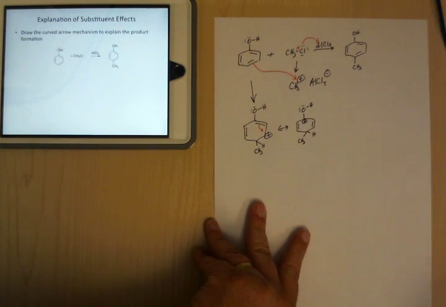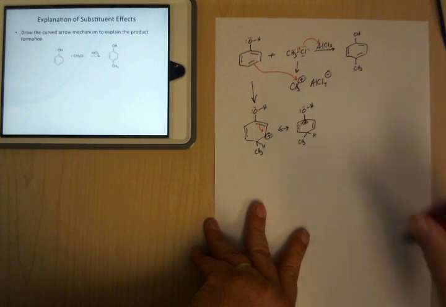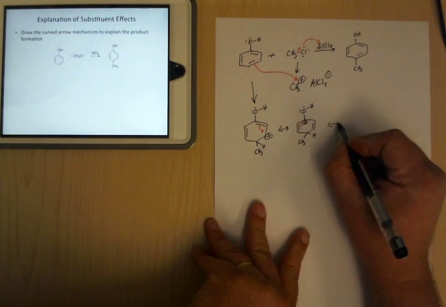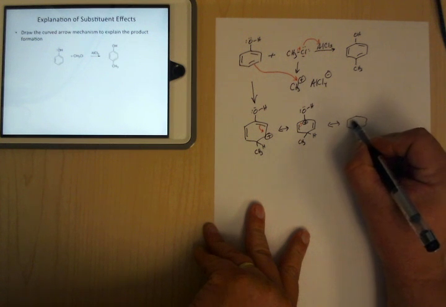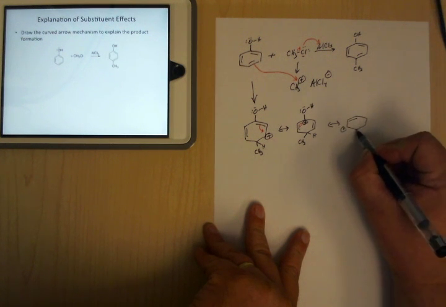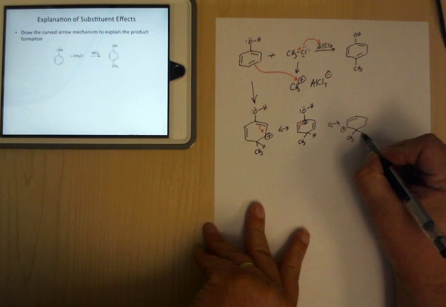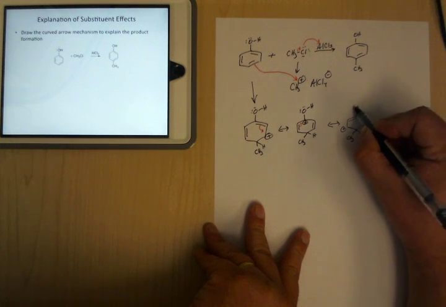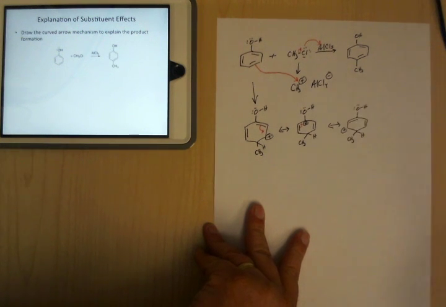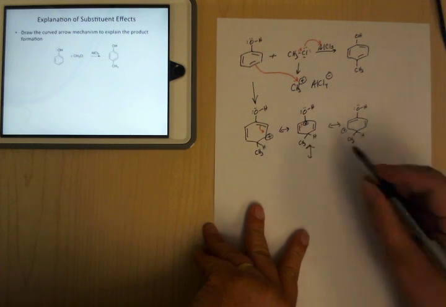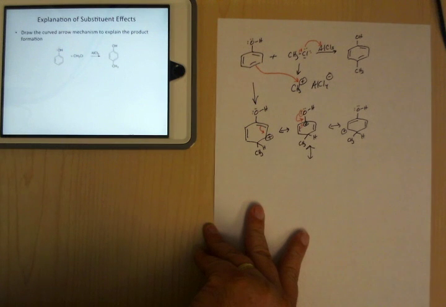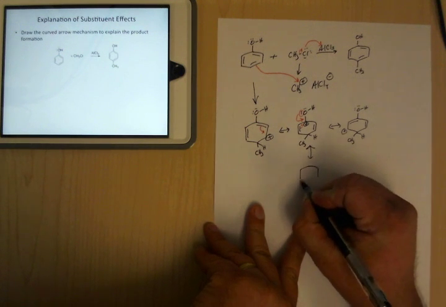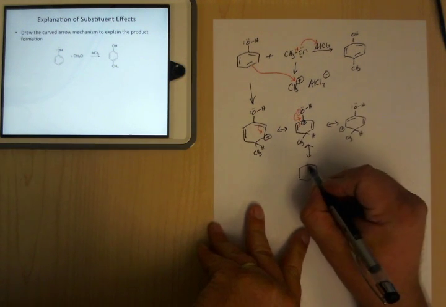Okay. Now you could have this guy going here, to just circle around the ring. Or what you could do is you could have one of those sets of lone pairs coming down here to make this resonance structure there.